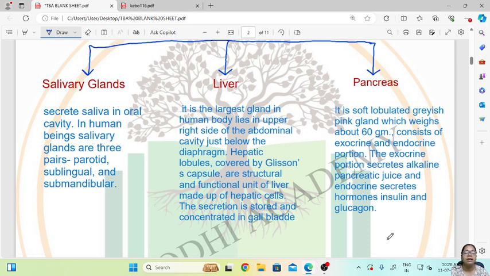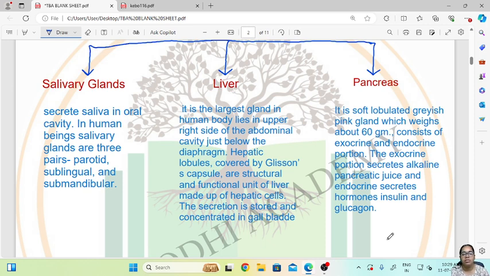These are the three salivary glands present in the oral cavity. Salivary glands secrete saliva. Saliva consists of the salivary amylase enzyme, which helps in breakdown of the complex food material into simpler form in our mouth. So these are the salivary glands and their function.